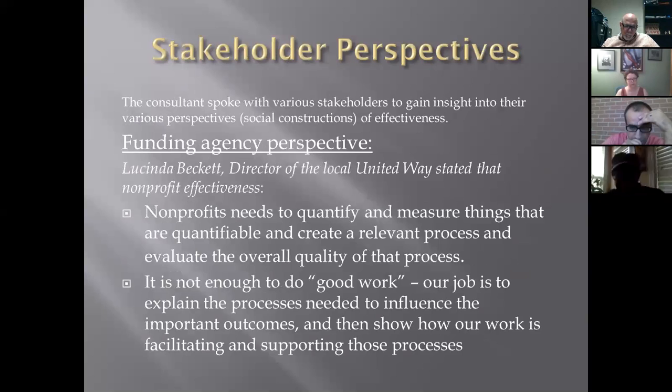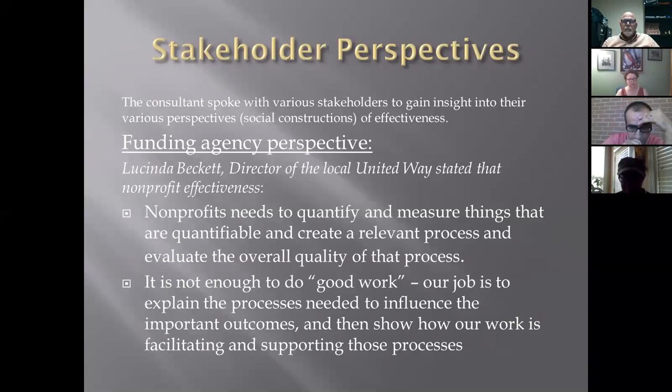Then he talked to a funding agency and asked Lucinda Beckett, who is the director of the local United Way, how her organization defines effectiveness. Since they fund nonprofit organizations, what is it that they're looking for or want to hear from a nonprofit in order to measure how effective it's being? The director of United Way said that nonprofits need to quantify and measure things that are quantifiable, create a relevant process, and evaluate the overall quality of that process.